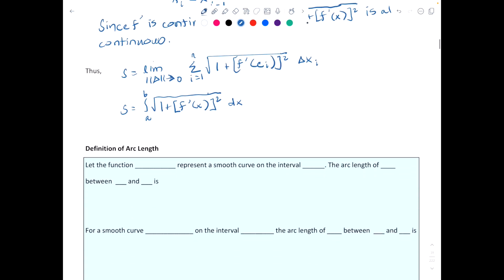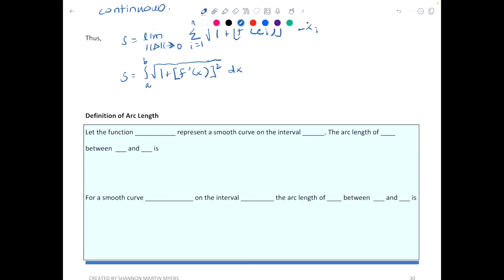So, the official definition of arc length: let the function y equals f of x represent a smooth curve on the closed interval from a to b. The arc length of f between a and b is equal to what we just derived: S equals the integral from a to b of the square root of 1 plus f prime at x squared with respect to x.